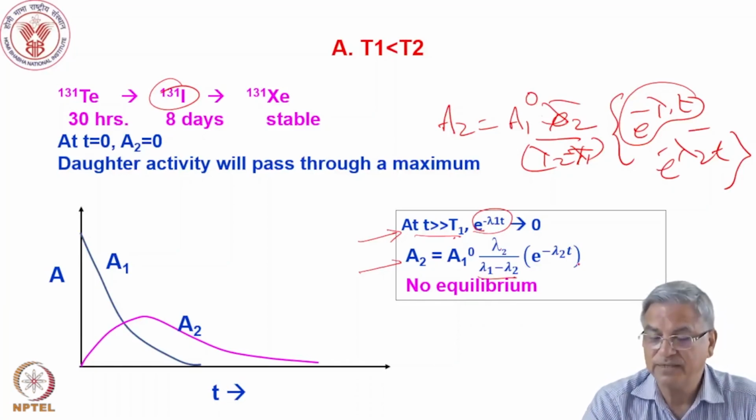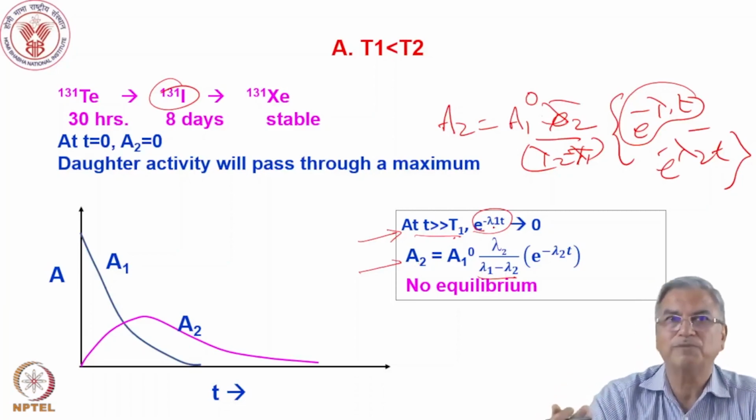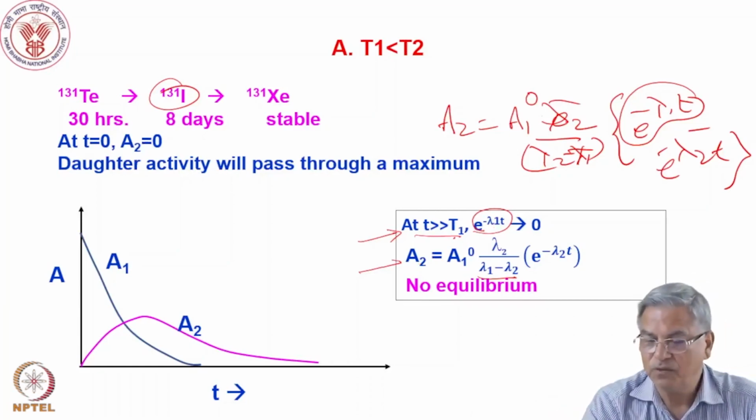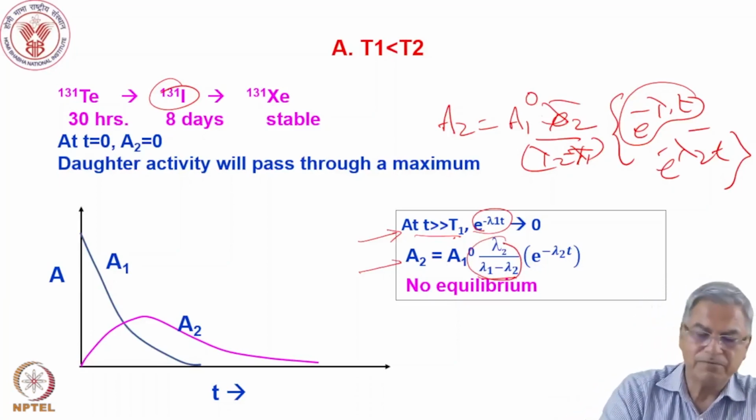So you can see here that the daughter activity, after some time, after in fact a significant number of half-lives of the parent, will decay with its own half-life, where there is a constant term due to the ratio of lambdas. So this I have tried to illustrate in this graph here.